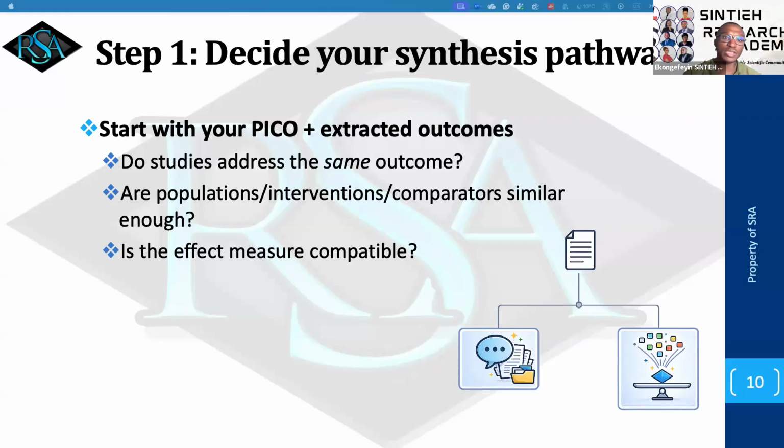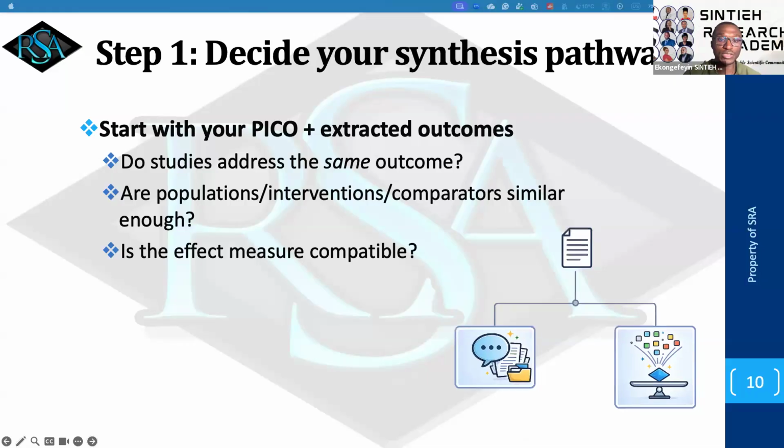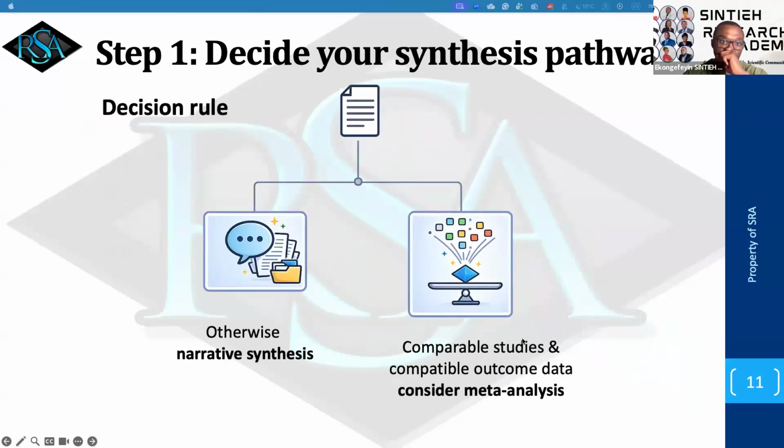The rule of thumb is that if it is compatible among studies, you should consider doing a meta-analysis. If it is not, then we are going to do a narrative synthesis.